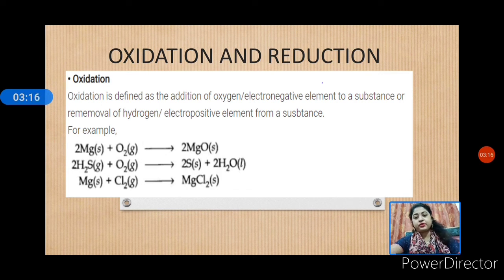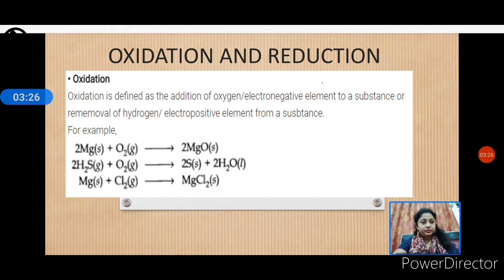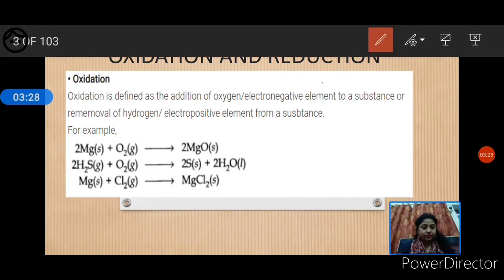A substance which brings oxidation is known as an oxidizing agent. Here you can see that this oxygen is responsible for oxidation. So this oxygen is your oxidizing agent here.